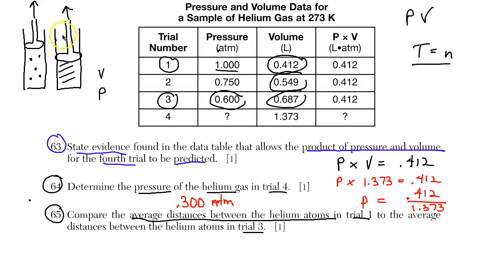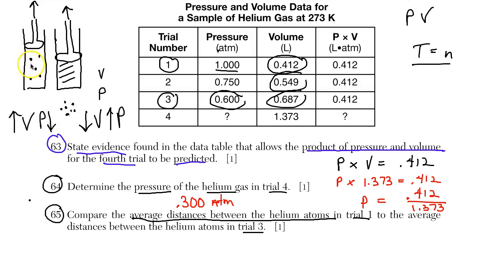The reason why when you push down on the plunger, the pressure increases is you're going to put the molecules in a closer space, and they're going to basically collide more often with the container walls if you make the space smaller. That's intuitive, right? So smaller the volume, higher the pressure. Well, the opposite is also true. If you increase the volume, that's what's happening here, the pressure drops because there is more space between particles.